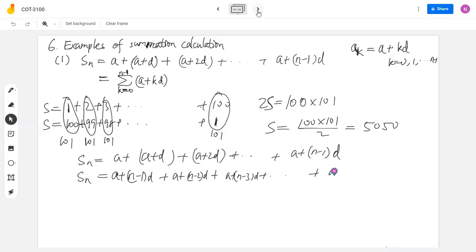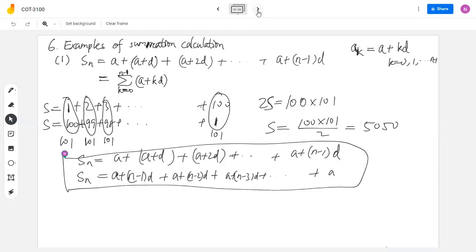And we add this to S together. The first term gives 2a plus (n minus 1)d.